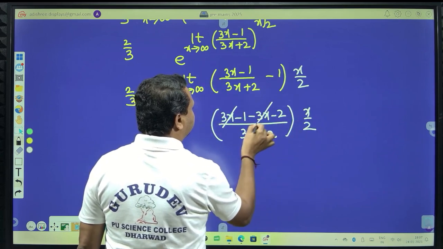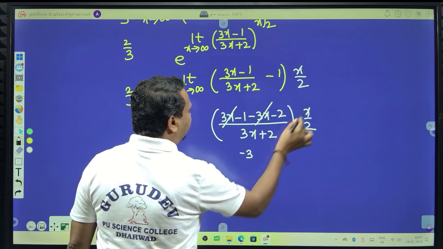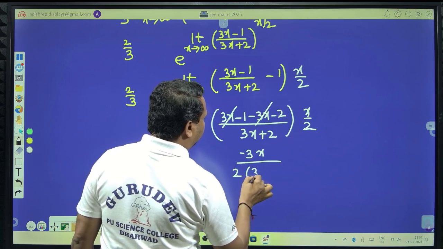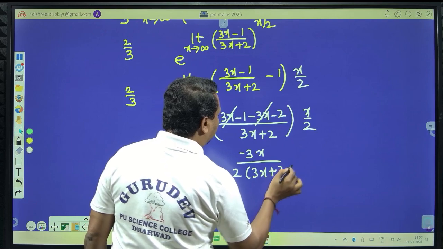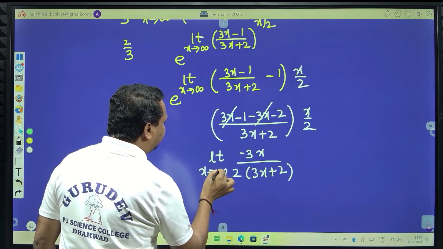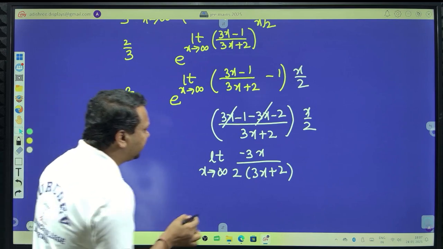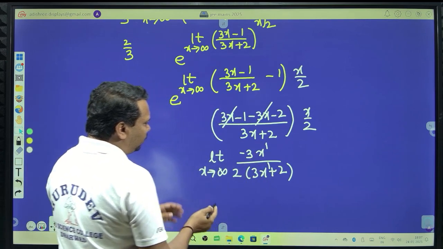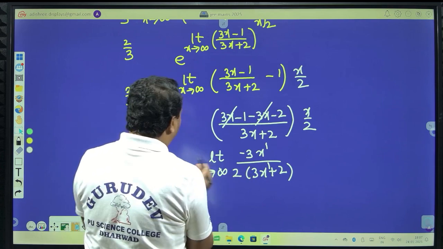Plus, 3x minus 3x get cancelled, minus 3x divided by 2 into (3x plus 2). All this happens for the limit as x extends to infinity. Again, if you observe carefully, here x power 1, here x power 1. Clear?